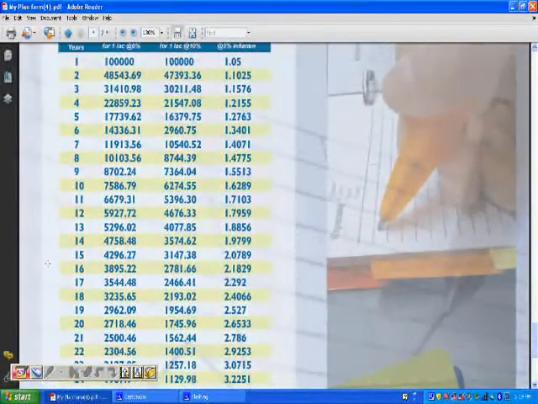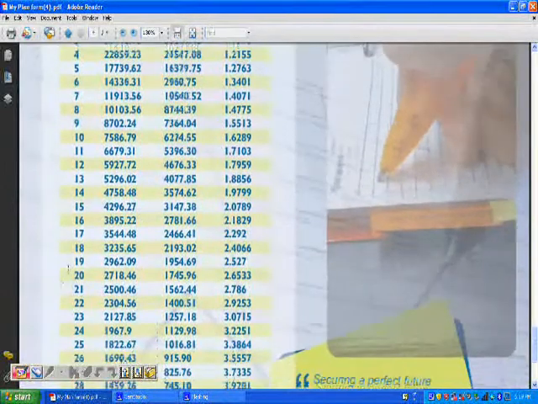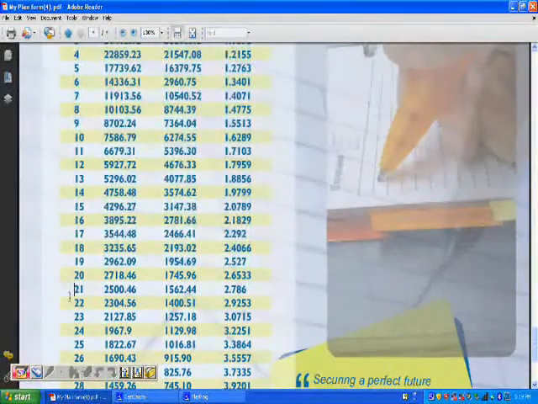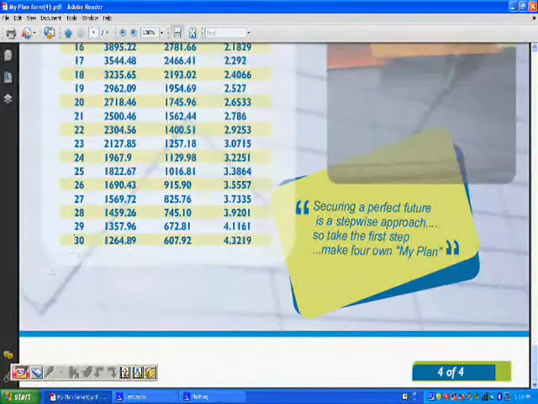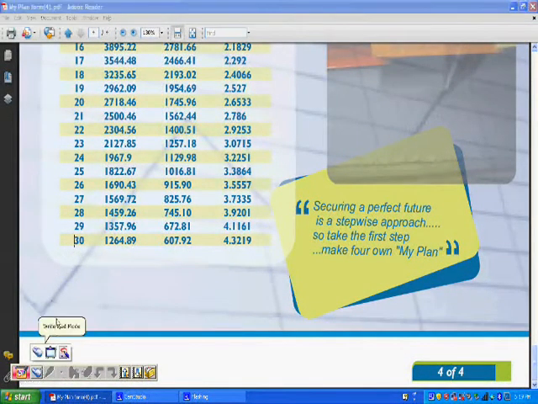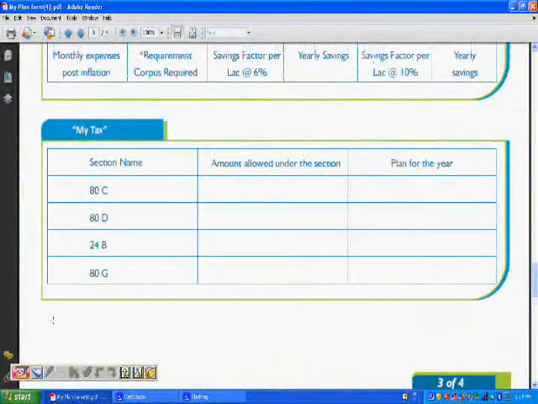If it's 15 years, it is here, 20 is somewhere here, 30 is somewhere here. So you can just copy your figures, and then what we can do is we can quickly go back to the table that we had created.